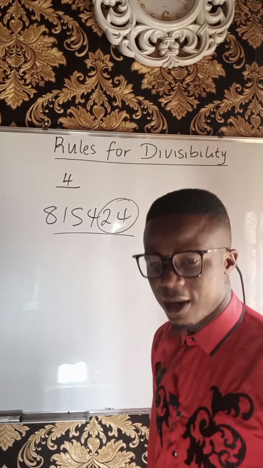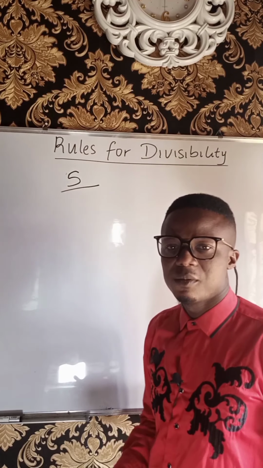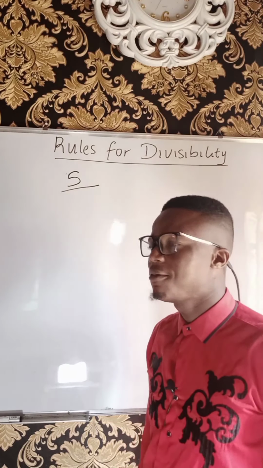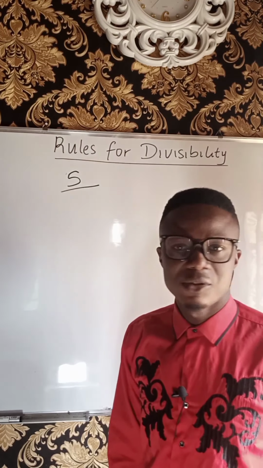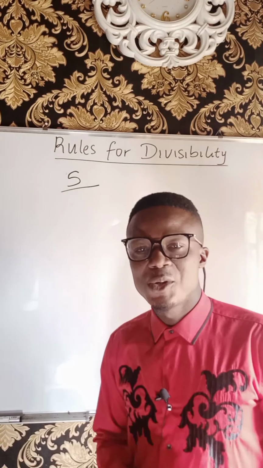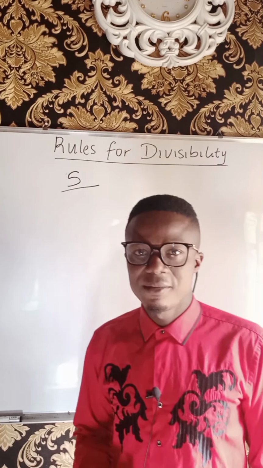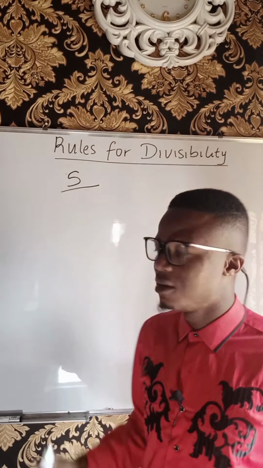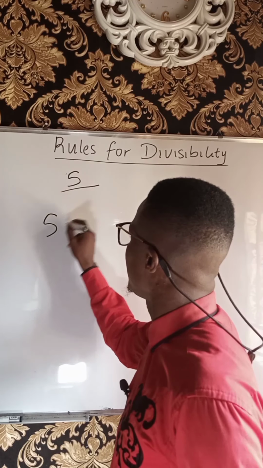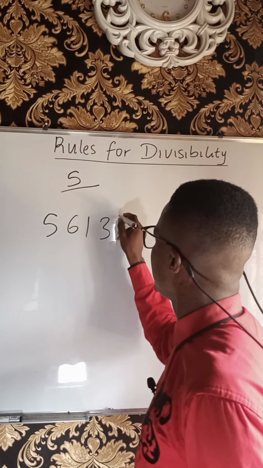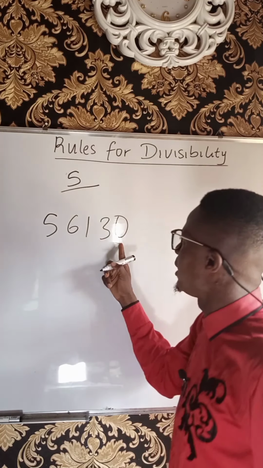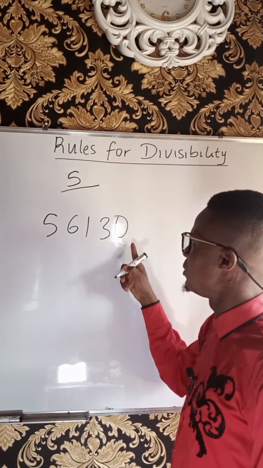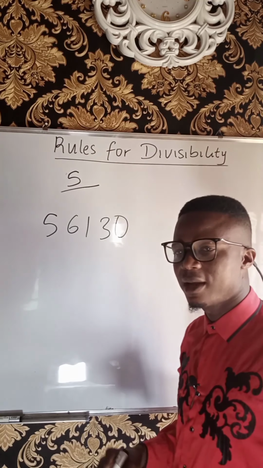Now let us go for 5. How do you know if a number is divisible by 5? A number is divisible by 5 if the last digit is 5 or 0. That's just it. For example, when you have 56130, this number ends with 0, and because it ends with 0, automatically we say that this number is divisible by 5.